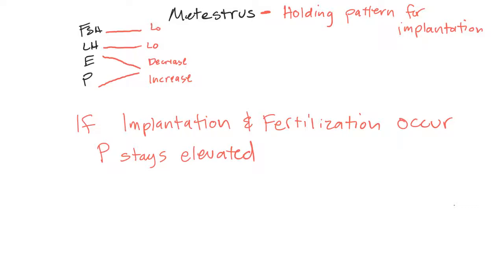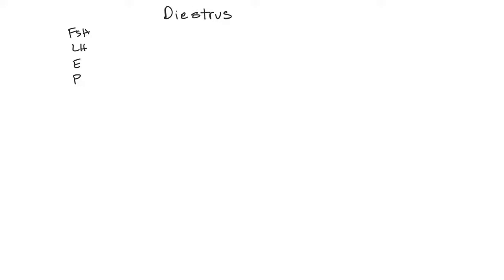But if pregnancy doesn't occur, then you go into reset mode, which is diestrus, okay? So follicle stimulating hormone remains low, luteinizing hormone remains low, estrogen is low, progesterone is low. So everything is low.